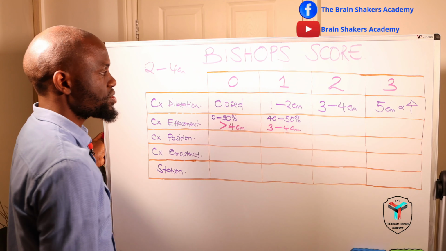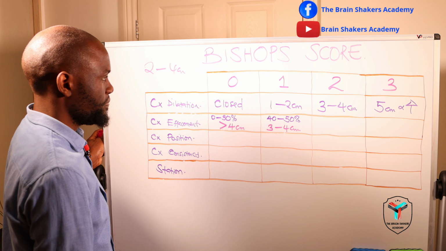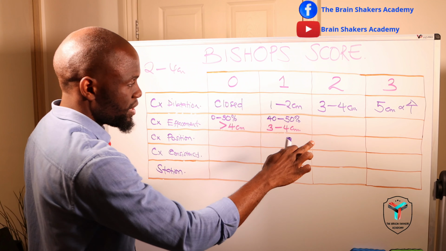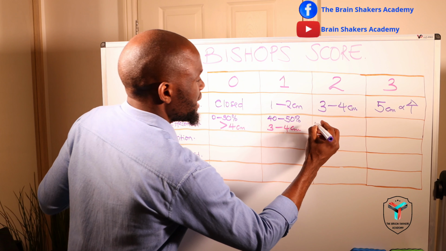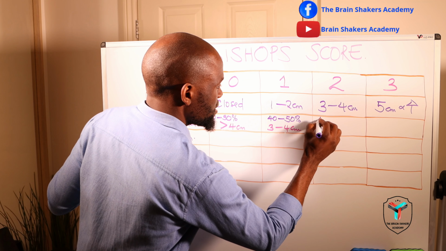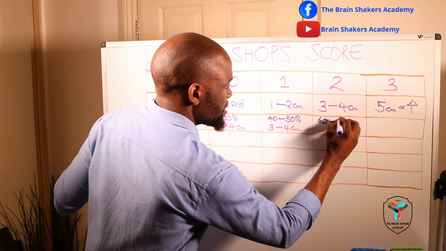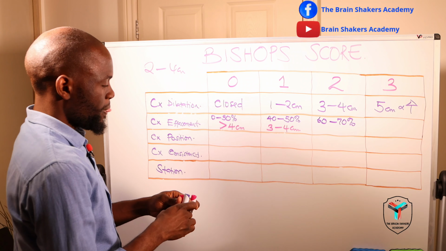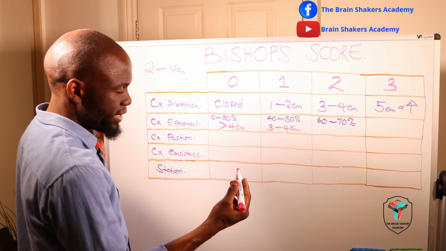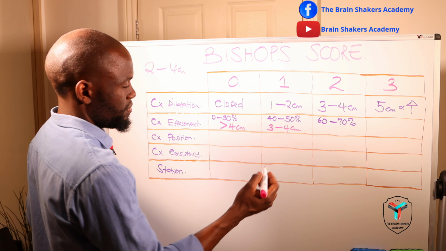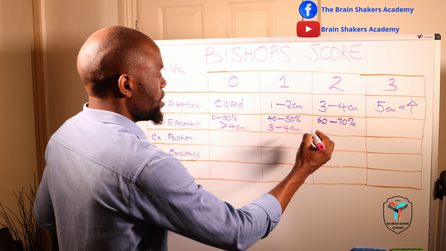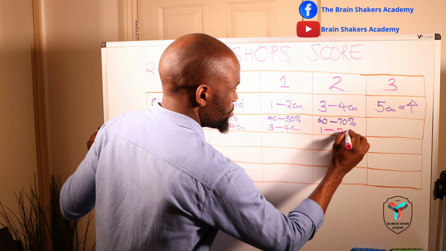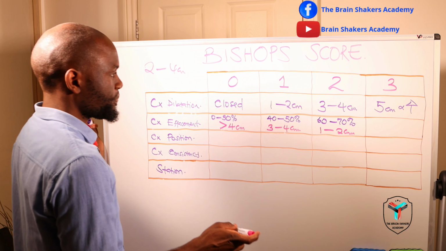Then we are scoring it a 1. When do we score it a 2? When in terms of effacement percentage, it is around 60 to 70% effaced, we score it a 2. And in terms of cervical length, this will be roughly 1 to 2 centimeters.